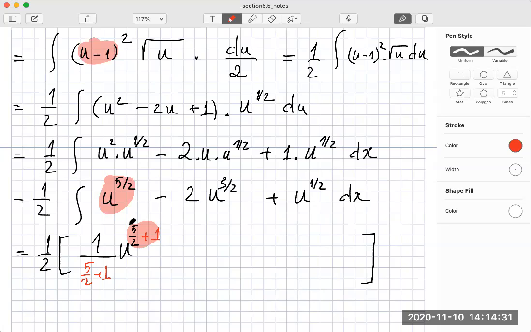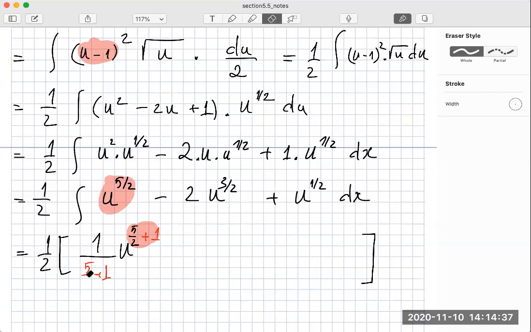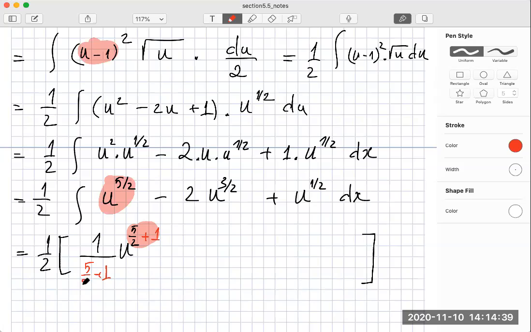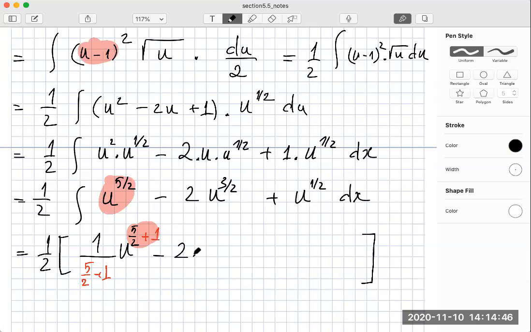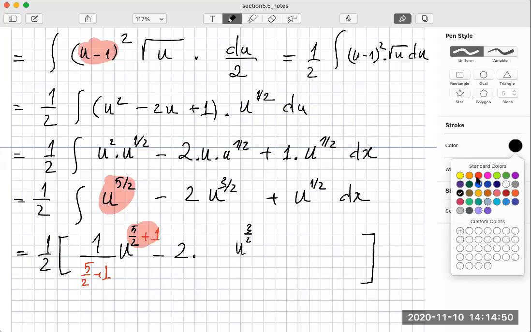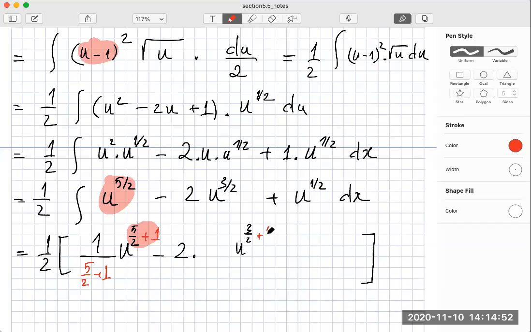So that when we take the derivative, these numbers will cancel each other. That is the reason. The same story here: minus 2, u to the 3/2, we need to add 1 here, then divide by this power.